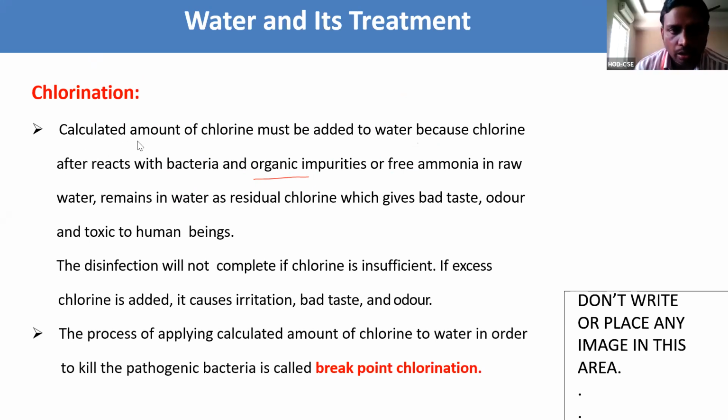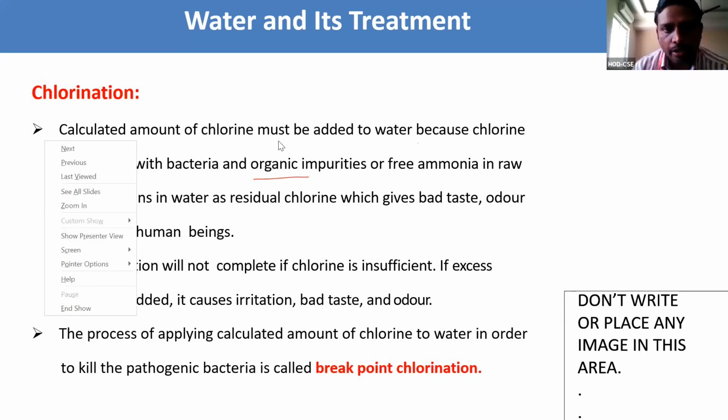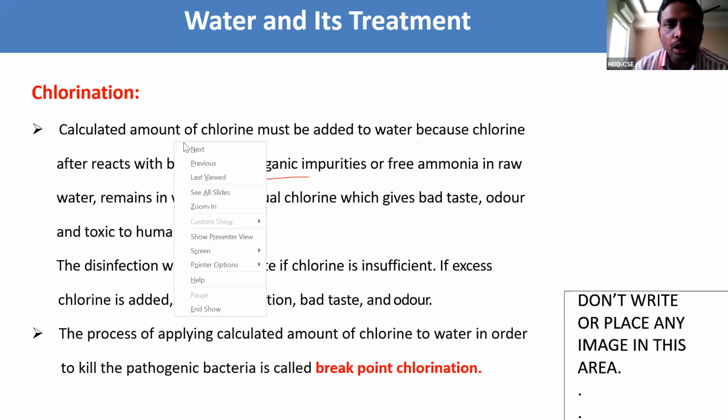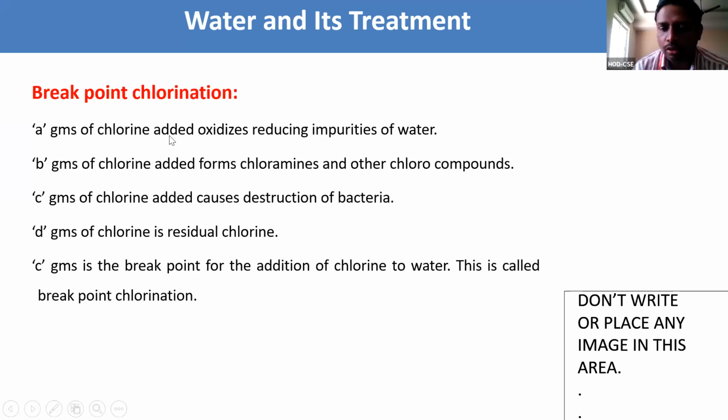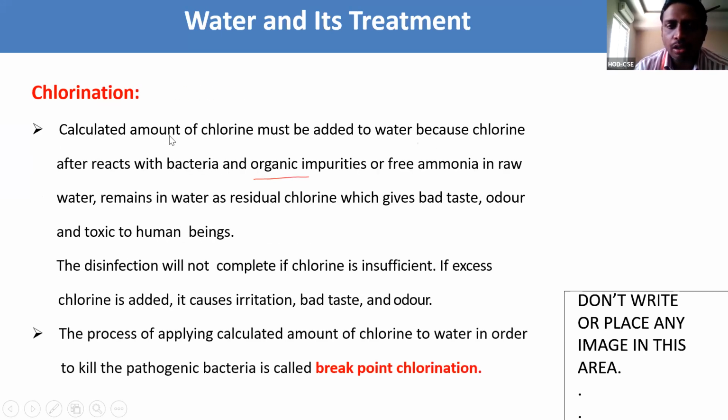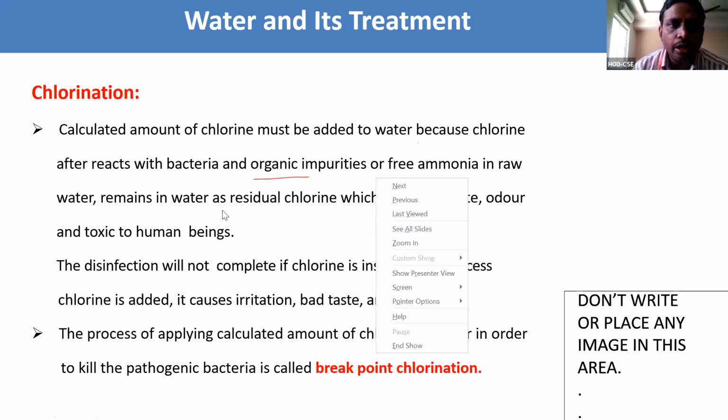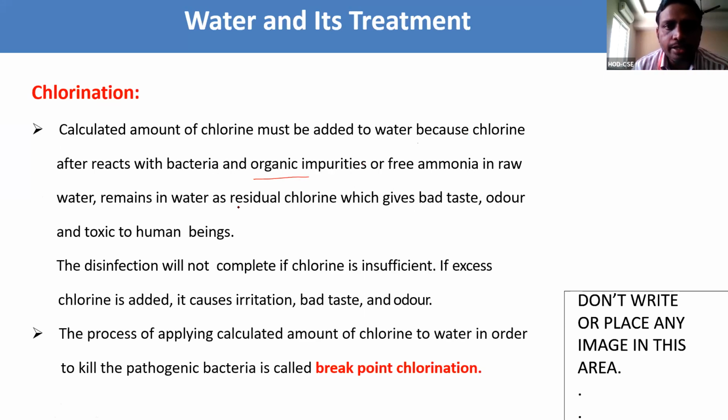Here in chlorination, the calculated amount of chlorine must be added to the water, because chlorine, after it reacts with bacteria and organic impurities or free ammonia in the raw water, remains in the water as residual chlorine.